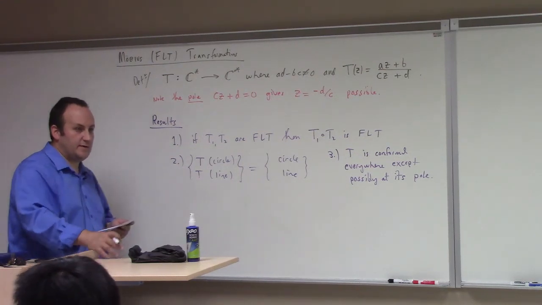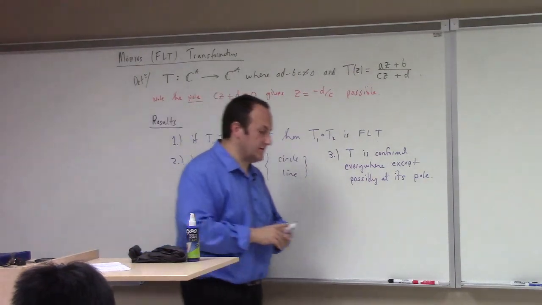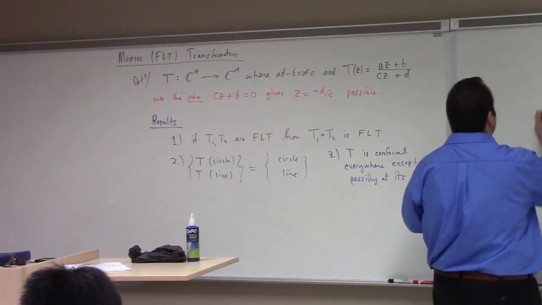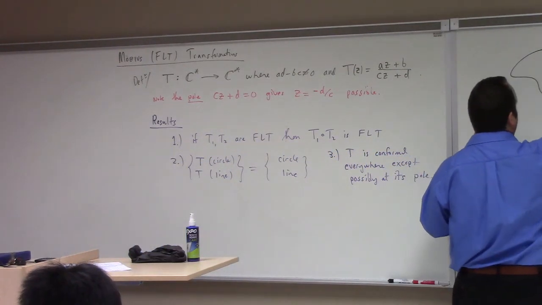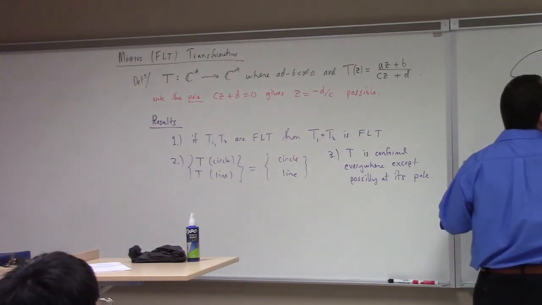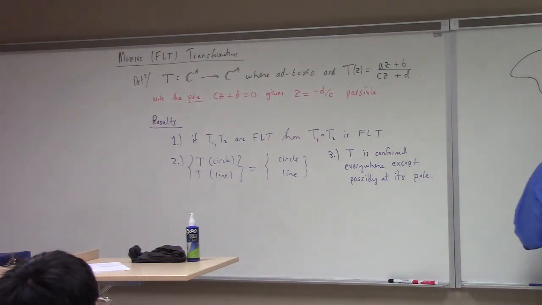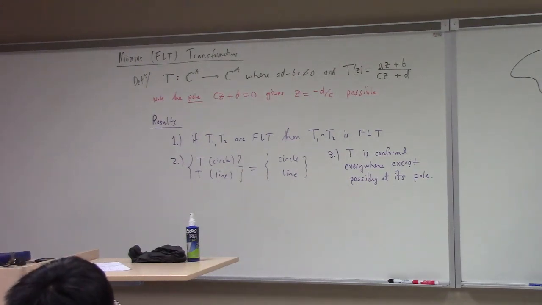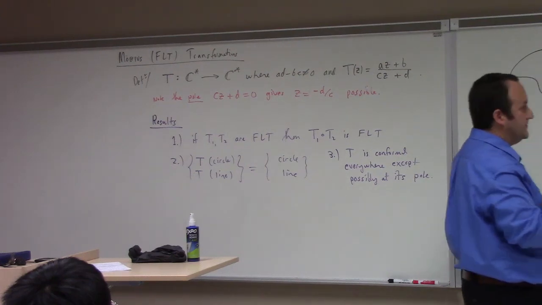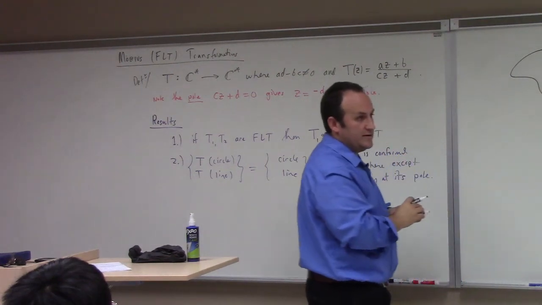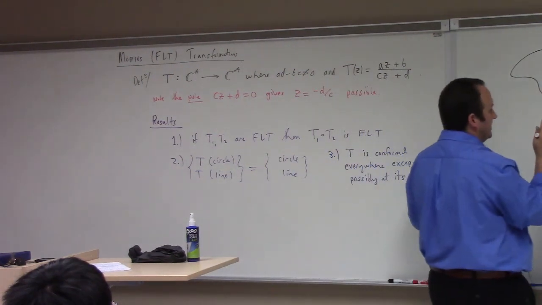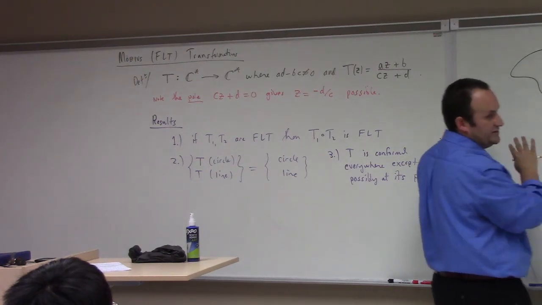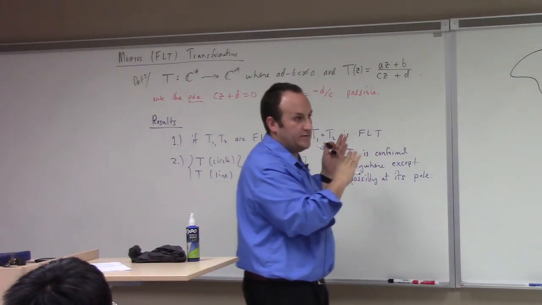Let me try to give you a geometric explanation of that. Let's see if we can understand something for a second. So if I have this region S, and I look at some fractional linear transformation T, this maps to that. I'm going to look at finite regions just to keep the conversation relatively simple.